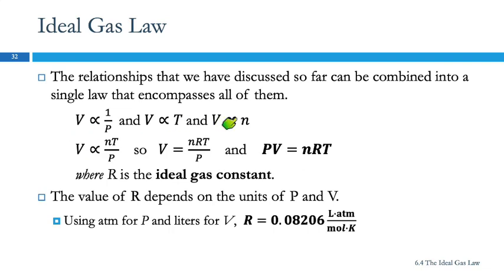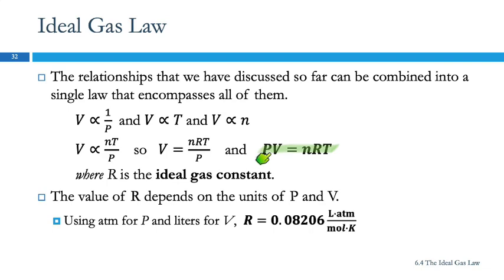And so we can combine those laws. I think most 1A students are not interested in how that happens, so I won't even talk about it. But what we end up with is the ideal gas law, PV equals nRT.